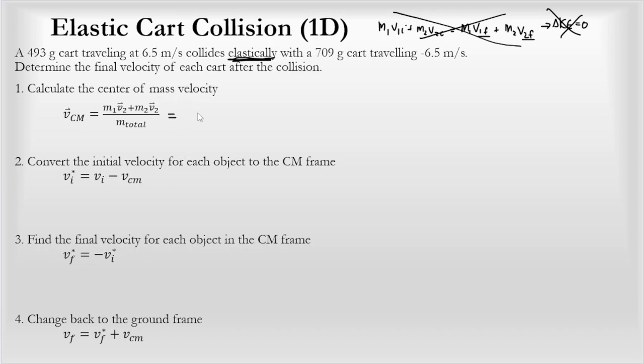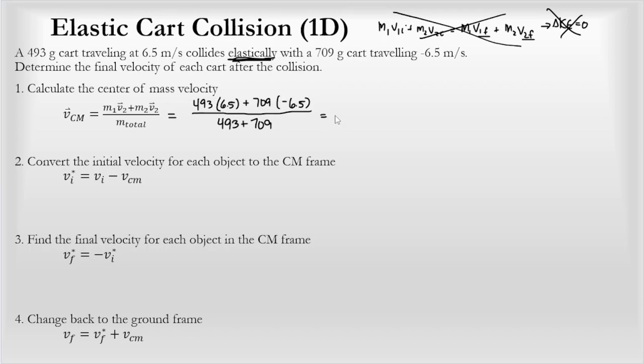I can do this. The M1 is 493 and it's moving in the positive direction at 6.5. I'm going to add on the second mass, 709 grams at negative 6.5. You could convert this to kilograms, but if I keep it in grams and divide by grams, overall the grams will cancel on top and bottom and I'm left with meters per second.